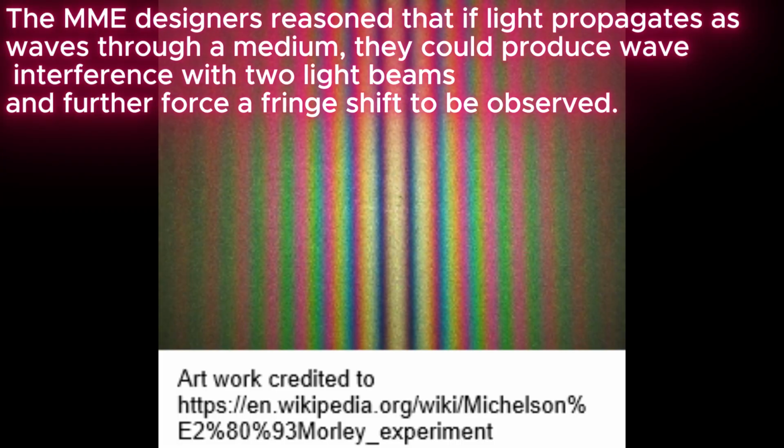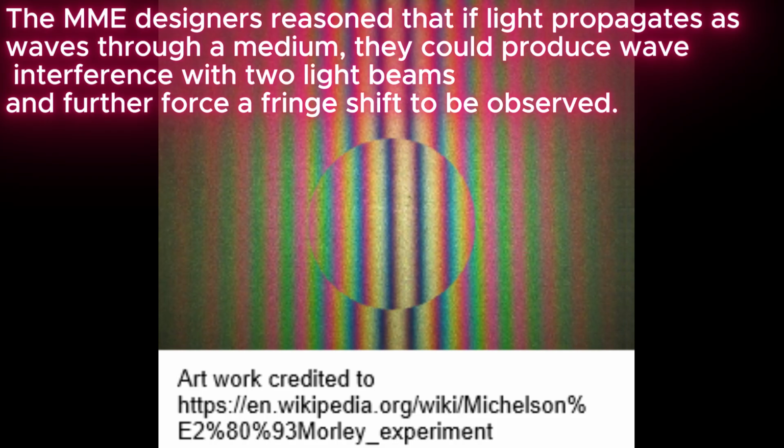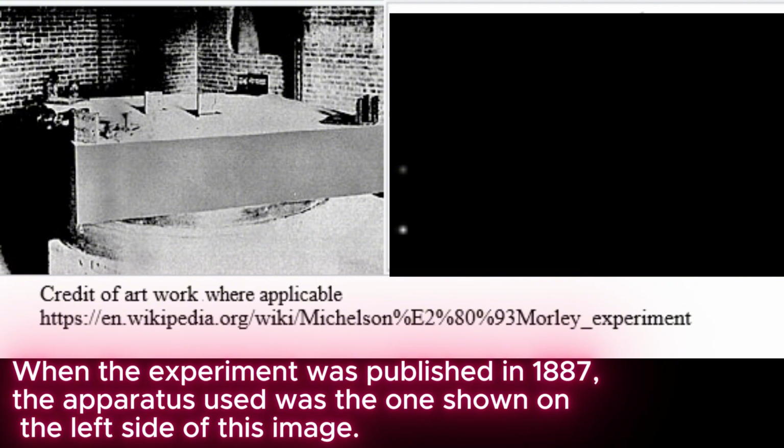The MME designers reasoned that if light propagates as waves through a medium, they could produce wave interference with two light beams, and further force a fringe shift to be observed. When the experiment was published in 1887, the apparatus used was the one shown on the left side of this image.